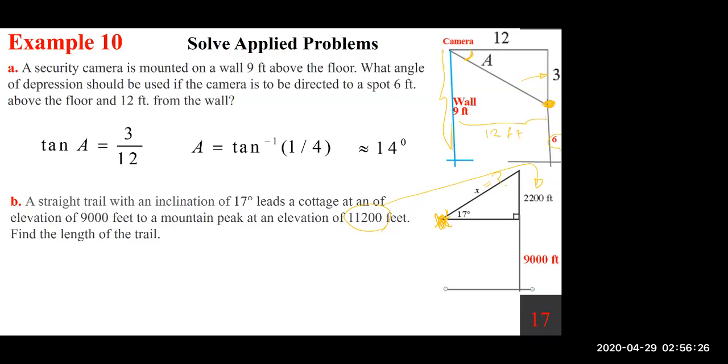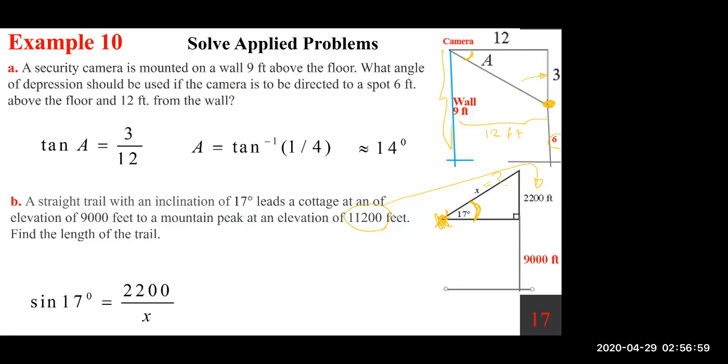Try to use the ones that will work with the given info, not something that you have to come up with. Okay. So as you can see here, by definition, sine is the opposite over the hypotenuse. So sine of 17 degrees is the opposite, which is 2,200 feet, over the hypotenuse, which is x and is missing.